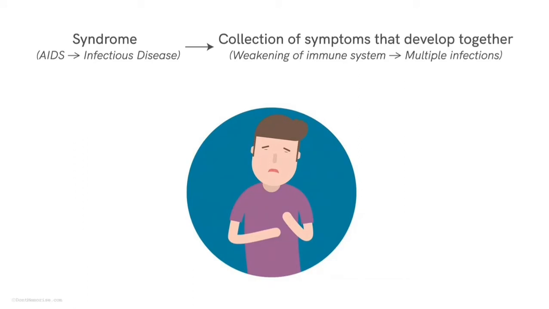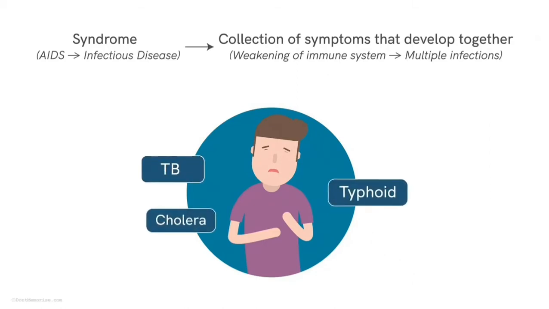So hypothetically, if the person contracts TB, typhoid and cholera, then symptoms of all three will be collectively seen in the patient. This is why AIDS is called a syndrome. In this video, let's learn about this syndrome, which is an infectious disease, in detail.